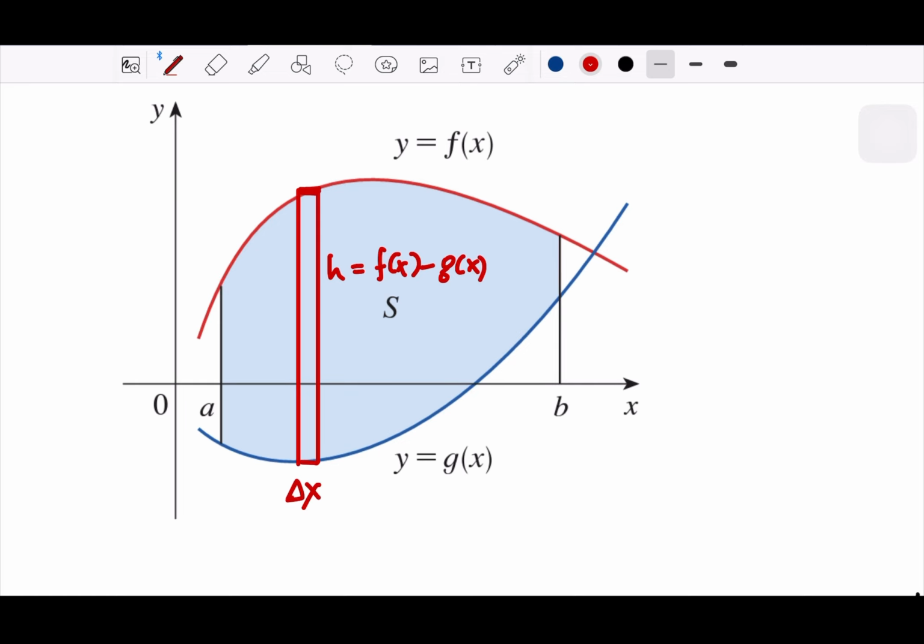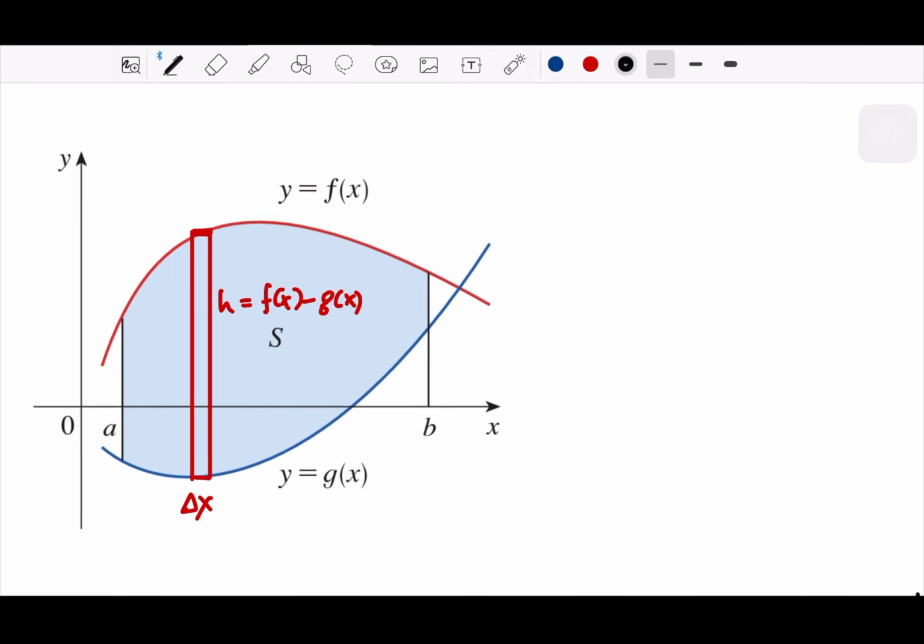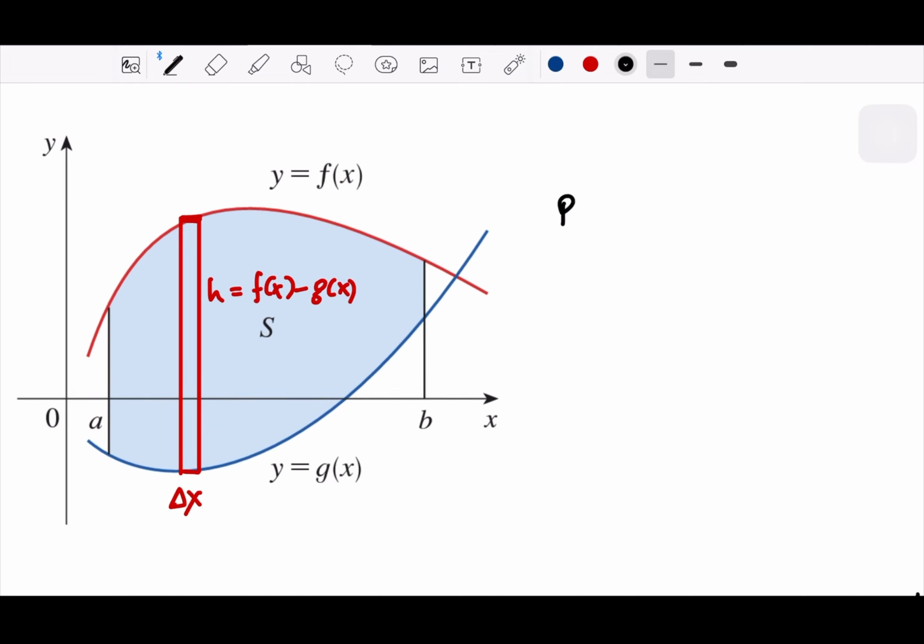So if we take a sample point, and take the Riemann sum to approximate the area between these two curves.